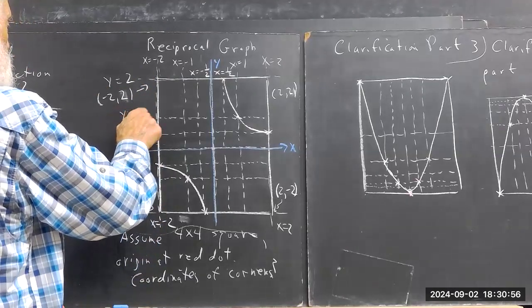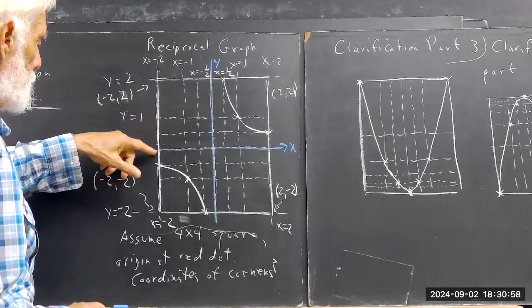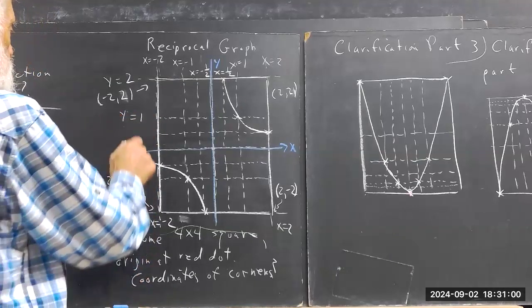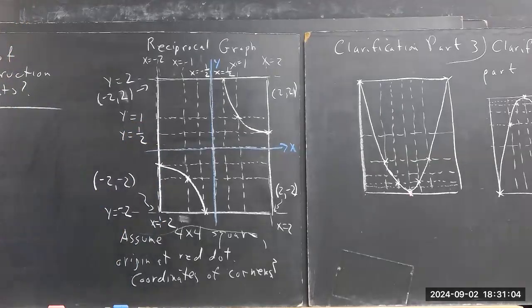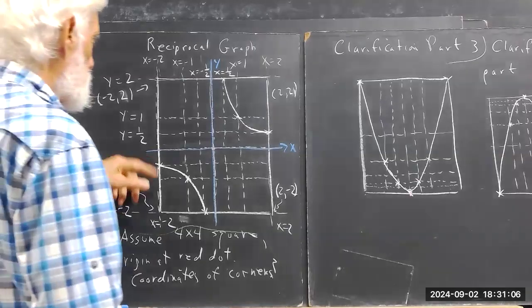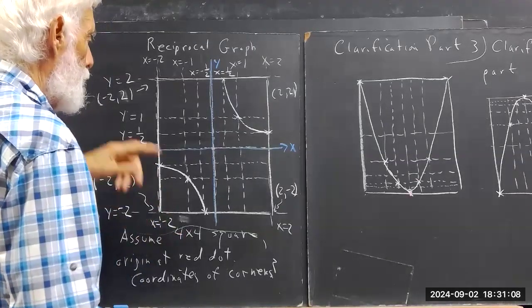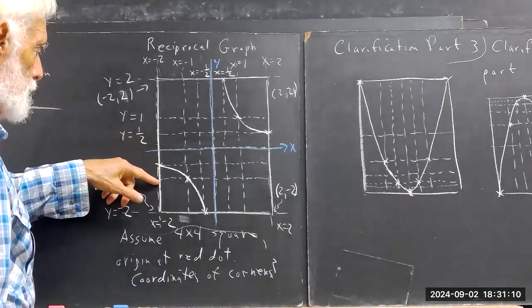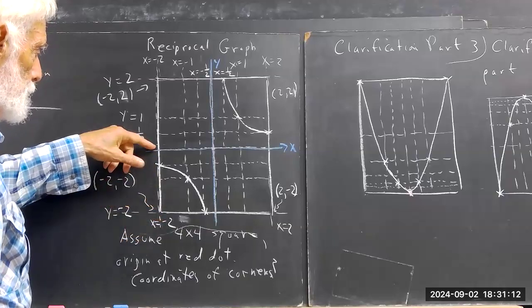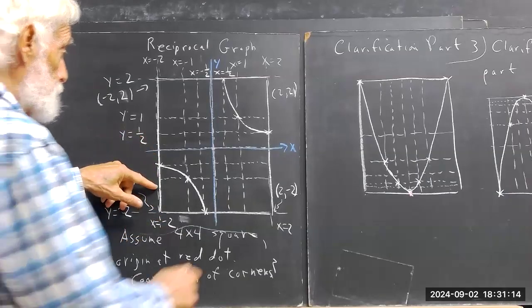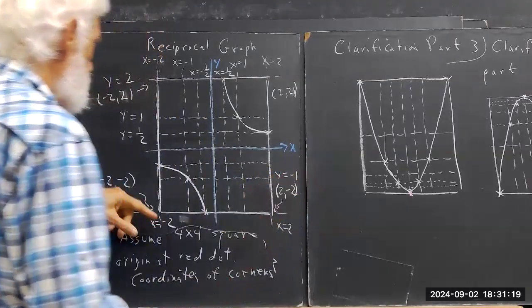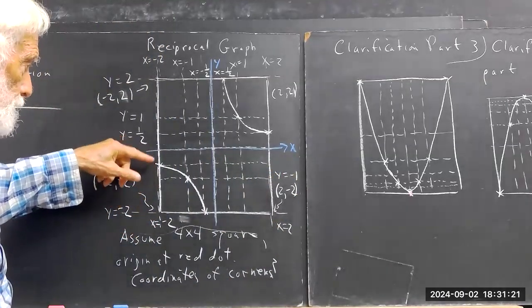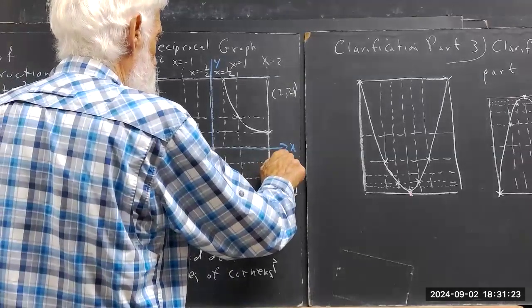That puts it at y equals 1. Halfway between y equals 0 and y equals 1 is y equals 1/2. Similarly, over here, this line's halfway between -2 and 0. That's going to be at y equals -1. And halfway between y equals -1 and 0 is y equals -1/2.